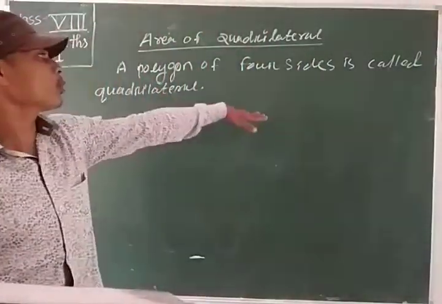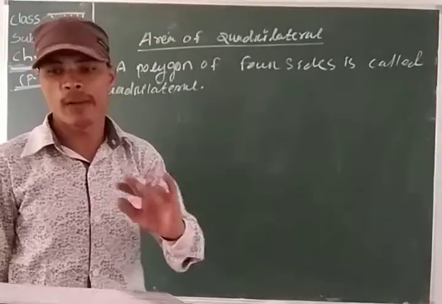A polygon of four sides is called what? Quadrilaterals. First we know that a polygon of three sides is known as a triangle. So a polygon of four sides is called a quadrilateral. Now we learn about the area of quadrilaterals.